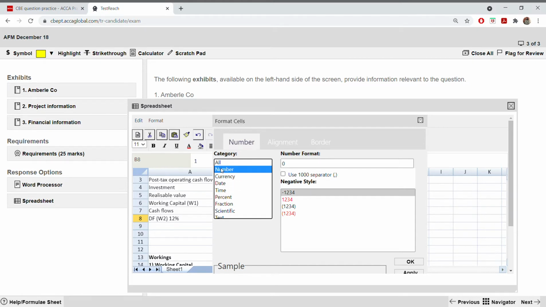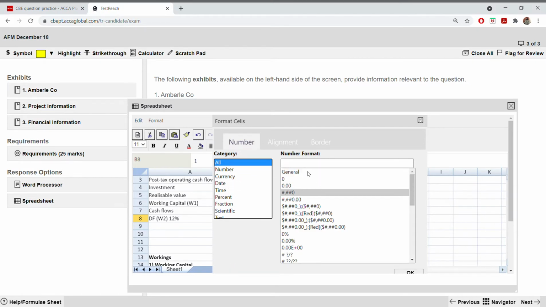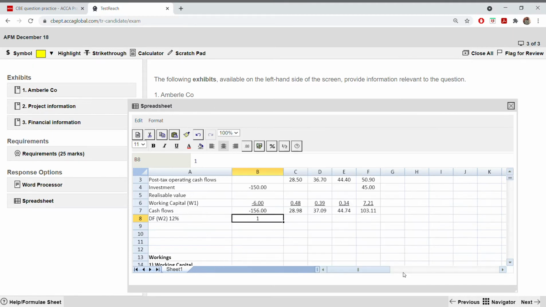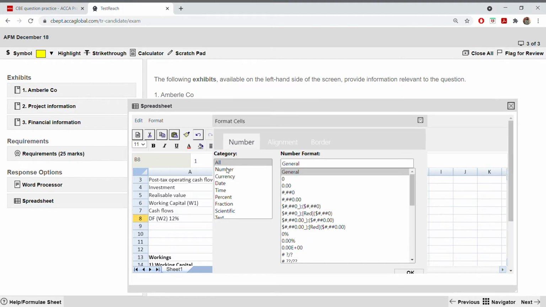Okay, what's happening is it's not working. Just keep it like this, 1.000. Oh, it's not working.